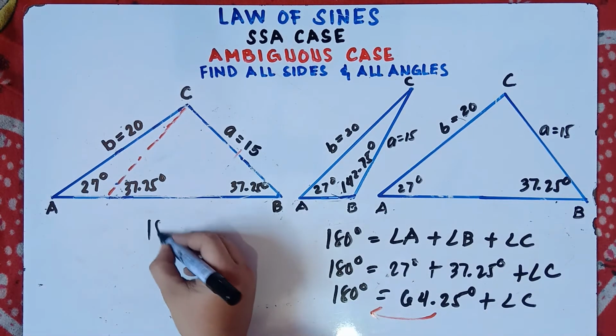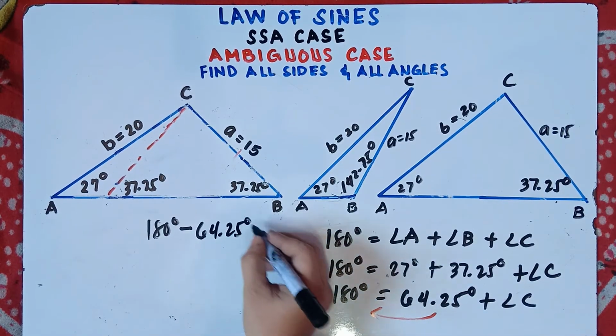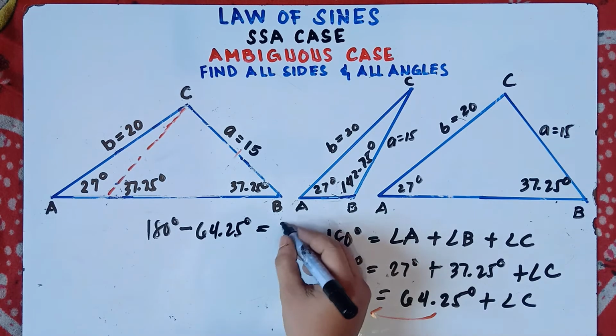So this will be 180 degrees minus 64.25 degrees equals angle C.